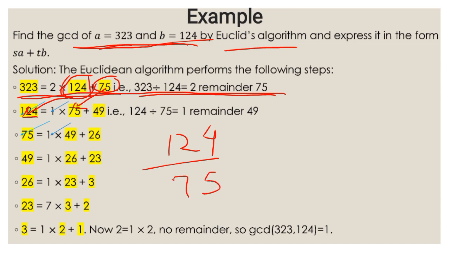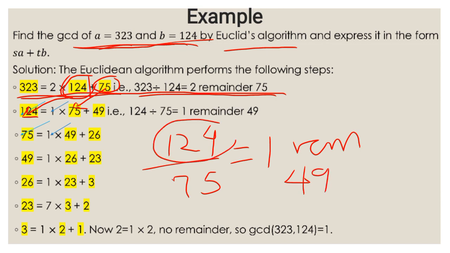How many times does it go? It will go one time, remainder 49, which means I can write 124 as 1 times 75 plus 49, which is what you see right here. And this is how I did it, which is what I'm showing you here.